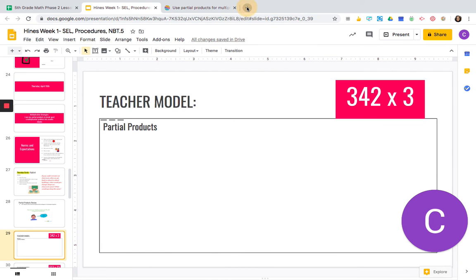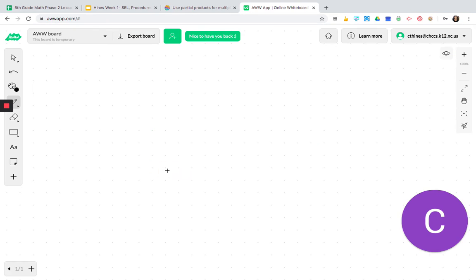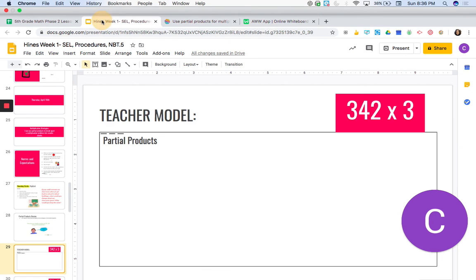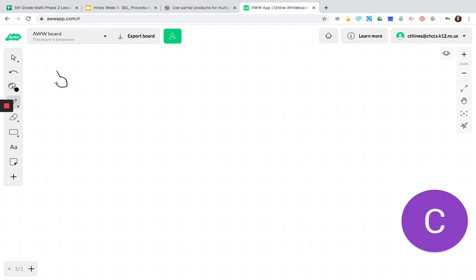I'm going to go to an online whiteboard page that I have been pretty successful with instead. Okay, here we go. So we again are solving 342 times 3. So on your paper, you are going to write 3, oh boy. Okay, hold on. Okay, let's try that again.